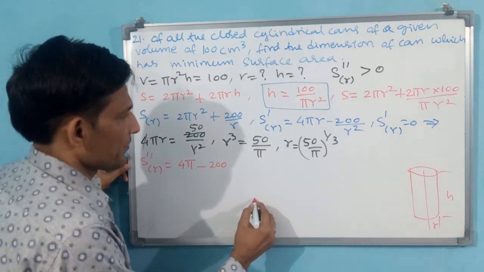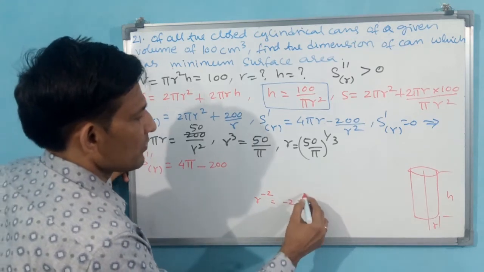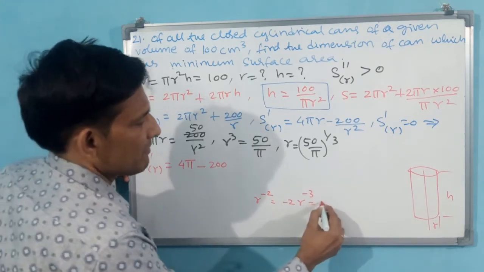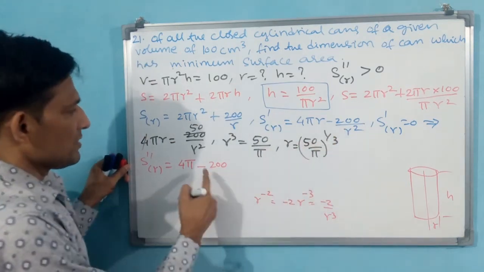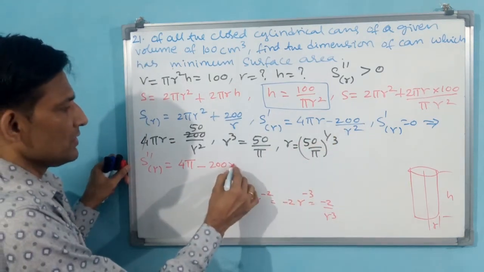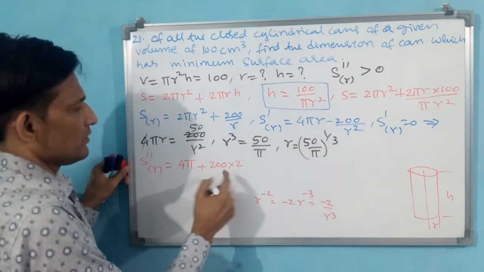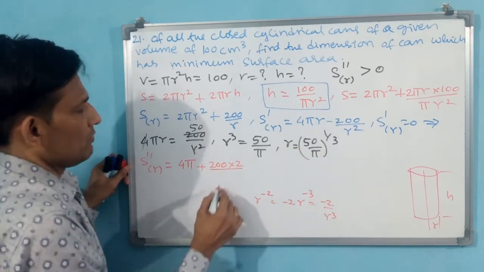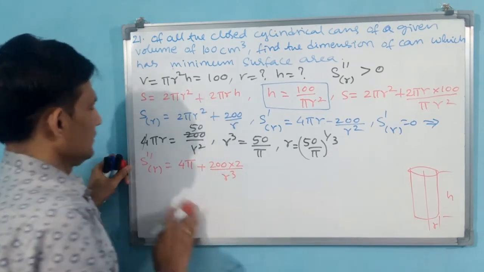Here r to the power of minus 2 means minus 2 into r to the power of minus 2 minus 1, minus 3, that means finally minus 2 by r cube will come. Minus 2 by r cube, and already minus is there, so plus 2 by r cube. Okay, r cube will come.